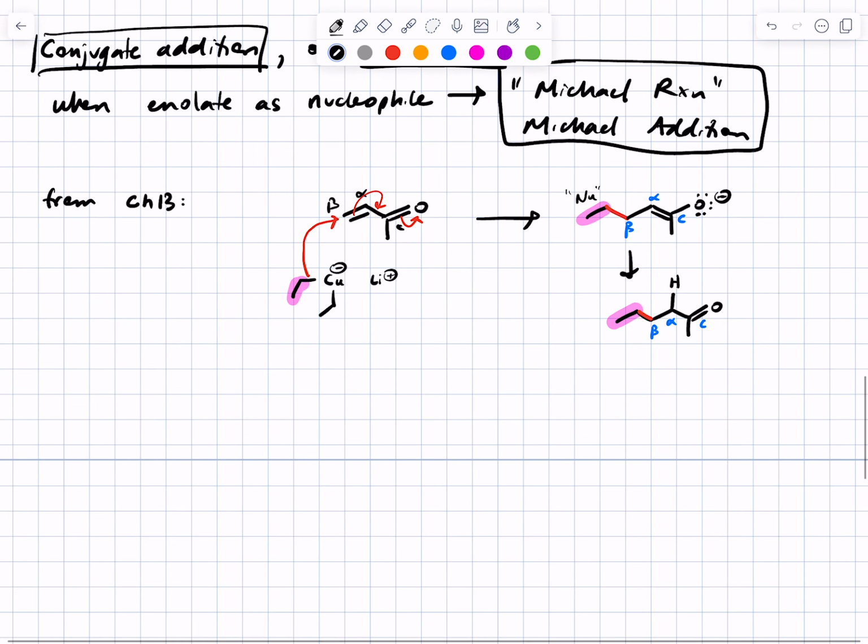So as we do the Michael reaction with an enolate as our nucleophile, pay attention to the kind of products that we get, and you're going to see this same pattern. The enolate's going to end up attached to the beta carbon.